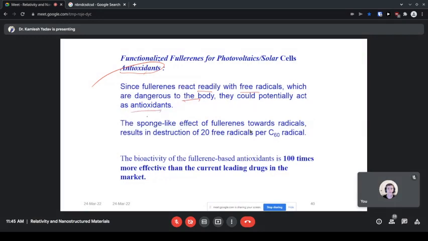Therefore these show antioxidant properties, and their antioxidant properties are 100 times more effective than the drugs available in the market. They can easily react with free radicals, like oxygen free radicals. That is why they are very good antioxidants.